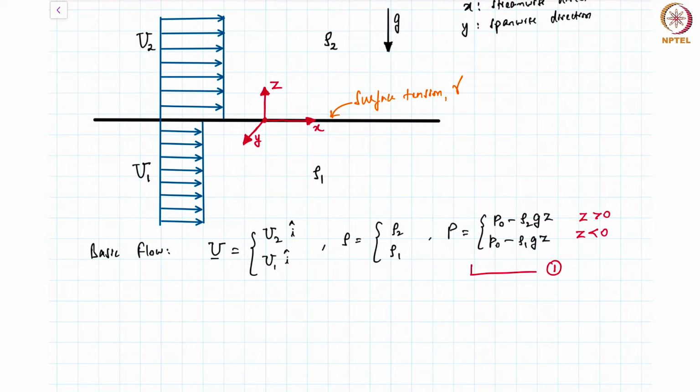Then the plan is the following. The plan is that on this base state, we will introduce a perturbation. I'll show the perturbation in green. So I have a flat interface. On this flat interface, I will introduce a perturbation.